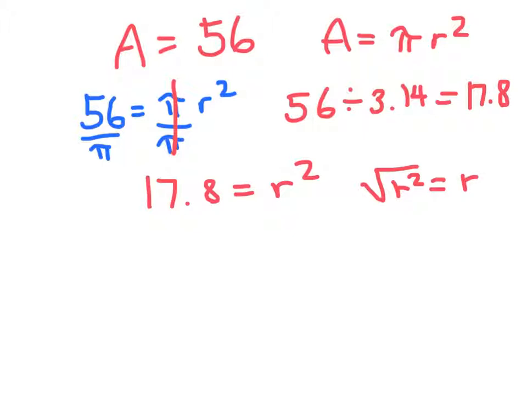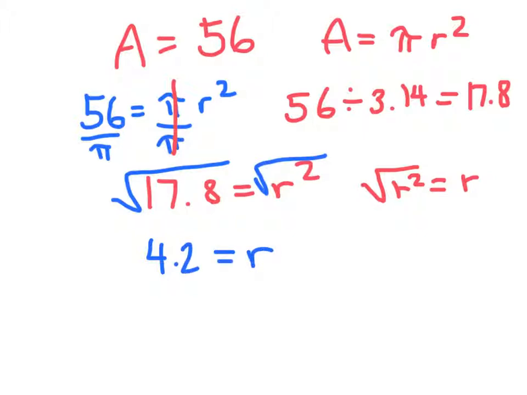That means I have to also find the square root of 17.8. The square root of 17.8 is 4.2. And the square root of r squared is r. Look at that. Radius equals 4.2.